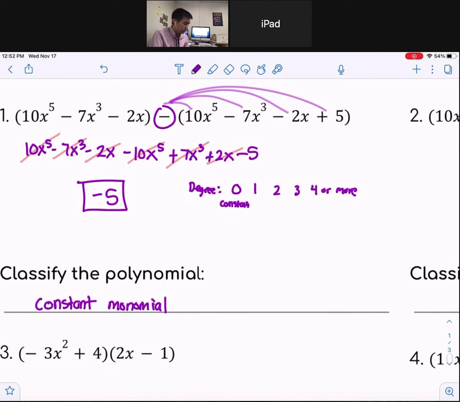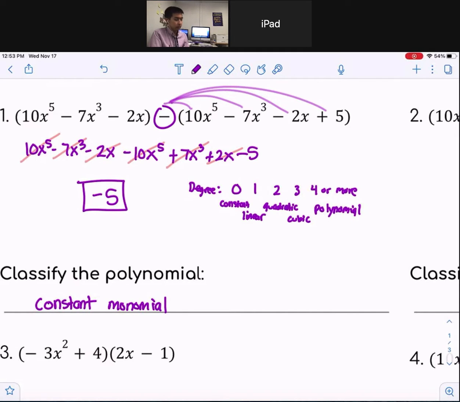If the highest degree is 1, that's what we call linear. If the degree is 2, that's what we call quadratic. If it's degree 3, that's what we call cubic. And 4 or more, in terms of the highest degree, that's what we call polynomials.